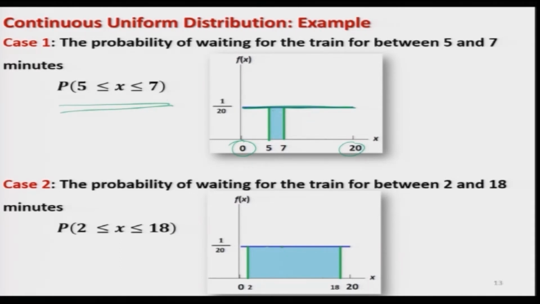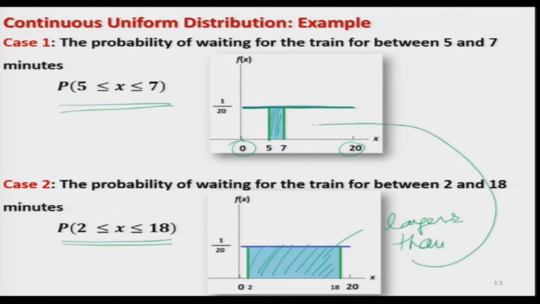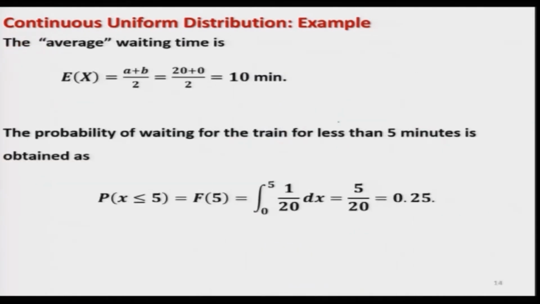This is the blue area that we are trying to compute. Similarly, when you compute the probability that x lies between 2 and 18, this area is this much, you can see, right. So obviously, this area is larger than this area. That makes sense, and that is according to what we expect.